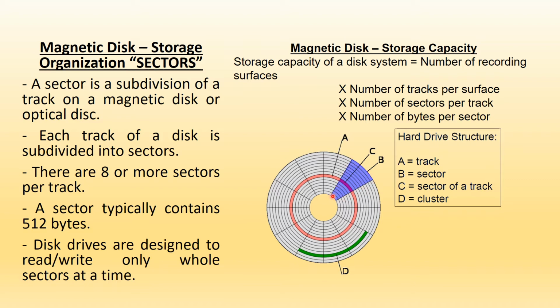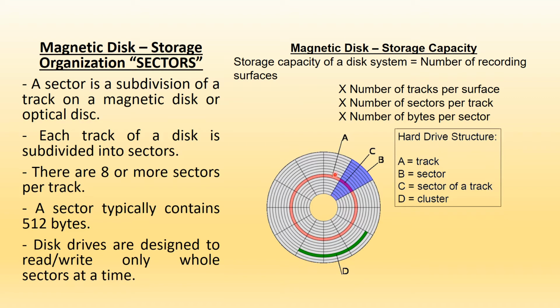For example, say this is a cake and you cut this part; this is the sector. So each track of a disk is subdivided into sectors. There are 8 or more sectors per track.